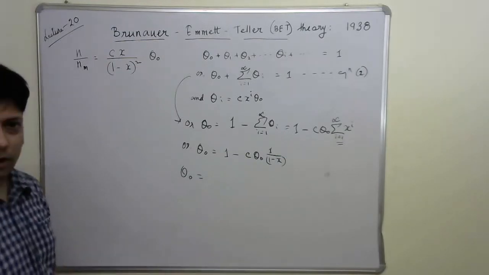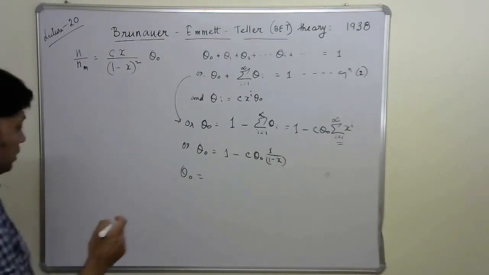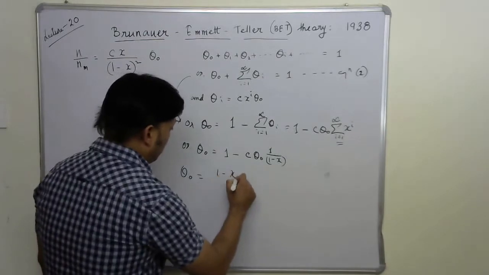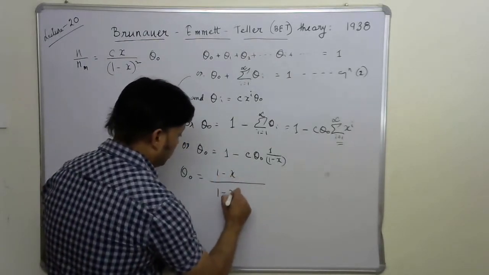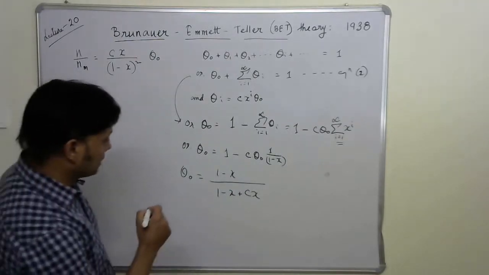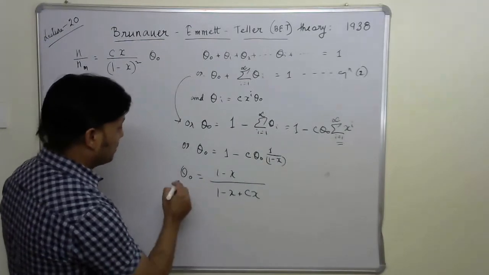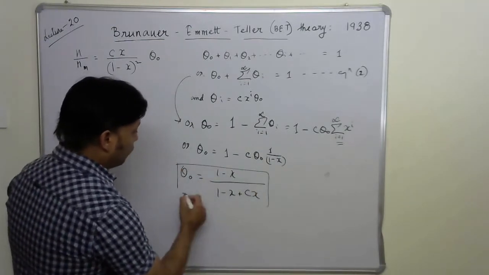Would you like to try for a few seconds? If you work it out, it comes to something like this: theta 0 equals 1 over x divided by 1 minus x divided by 1 minus x plus cx. So that is our value for theta 0.